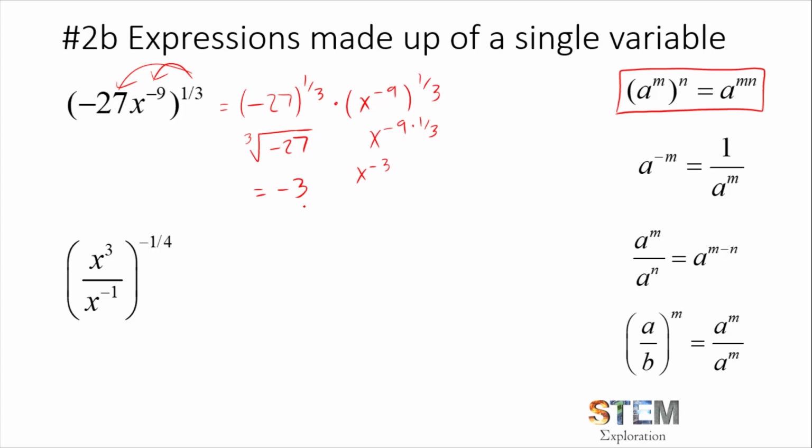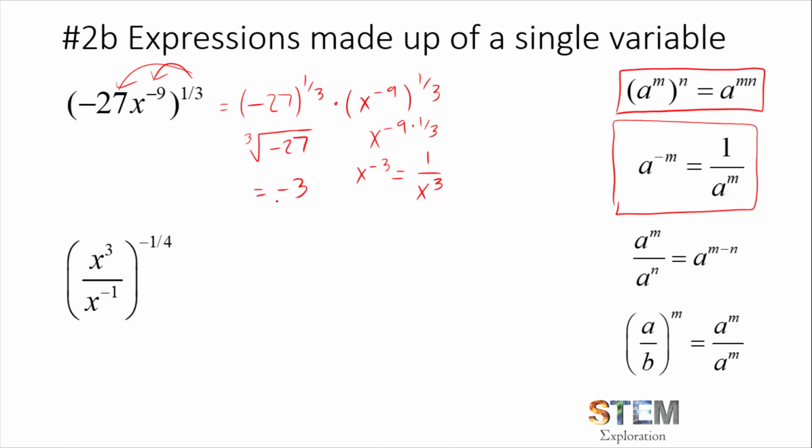But one of the things I want to point out here is that mathematicians don't really like these negative rational expressions. So what you can actually do is the negative value just represents the inverse. So if we say x to the negative 1/3 power, this is the same thing as saying 1 over x to the 3rd power.